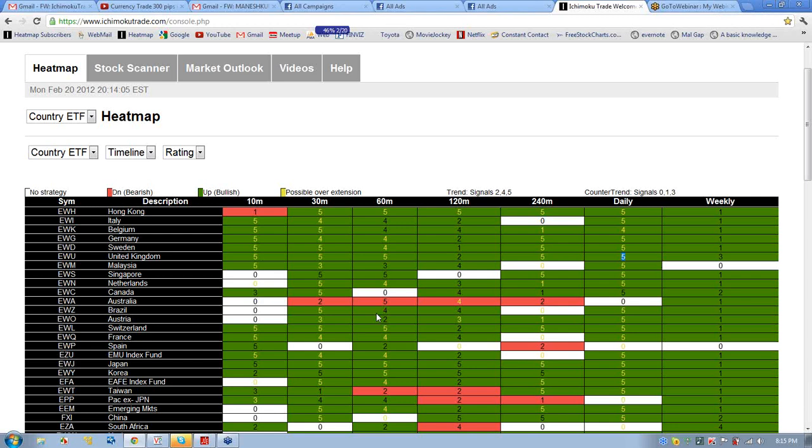So if you get a 5 time frame buy or sell, you could get close to 500 to 600% profit based on your risk. Notice I said based on your risk. Okay? So if I'm risking 40 pips, I could turn that into 400 to 500 to 600% easily based on the risk that I'm entering if it's a 5 time frame buy or sell, because it's in sync across the board.